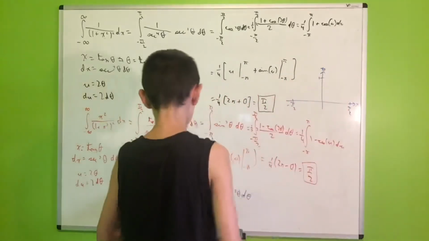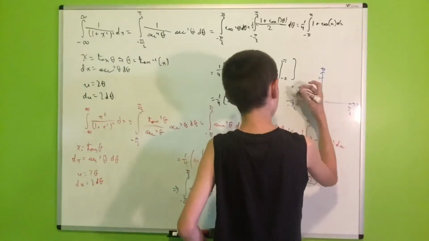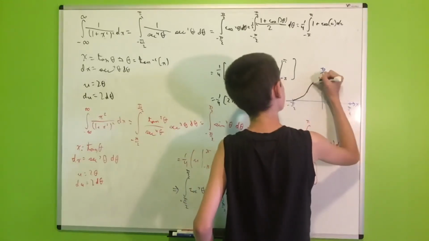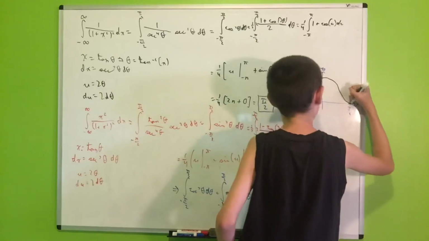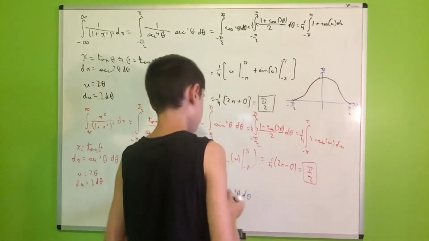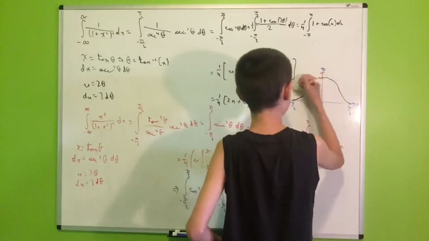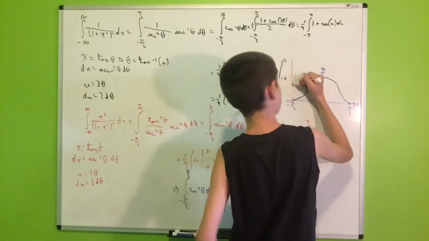So then, our cosine squared graph will look a bit like this. And our sine squared graph will look a bit like this.